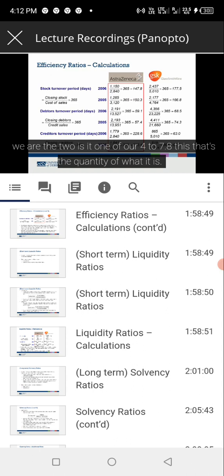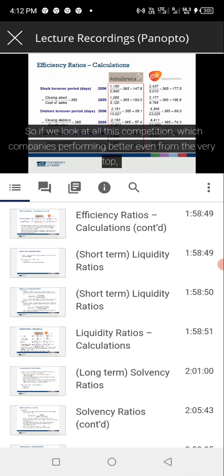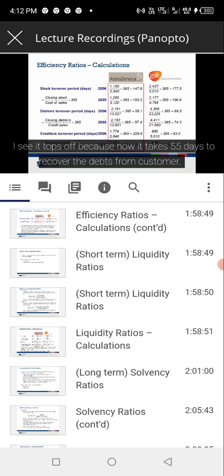Whereas it took AZ 147.8 days, let's say 148 days. So if we look at all this calculation, which company is performing better? AstraZeneca, as you can see.